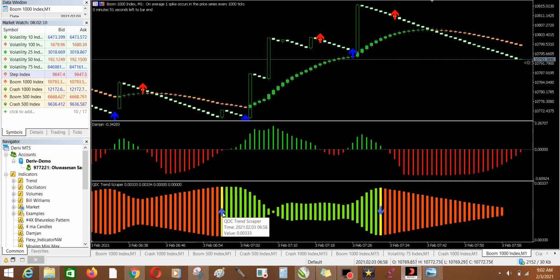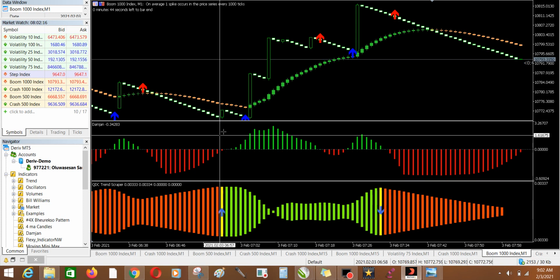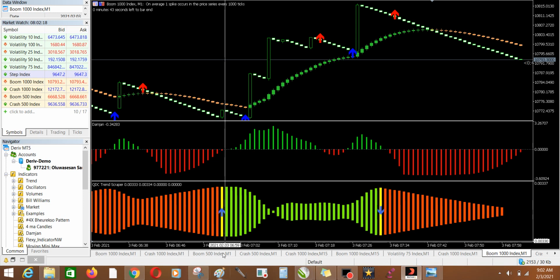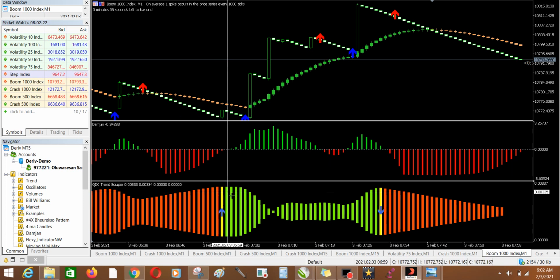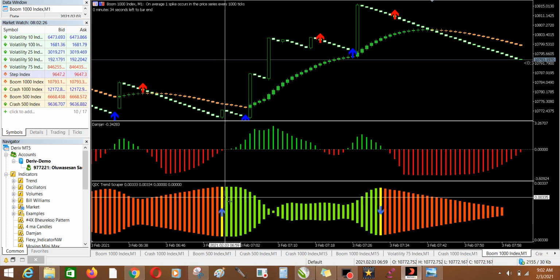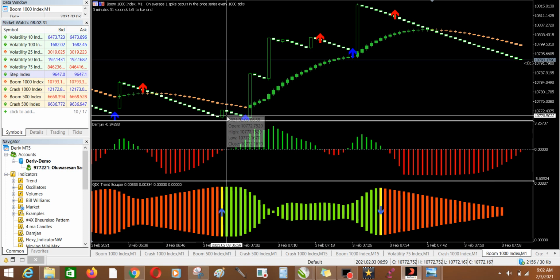They pop out once in a while. Once they pop out, you should know that you are ready to trade for a very long time. Once it pops out, if it is a buy, wait for the first bar to show a green color. Once it shows it, then you can set in and place your pending order.